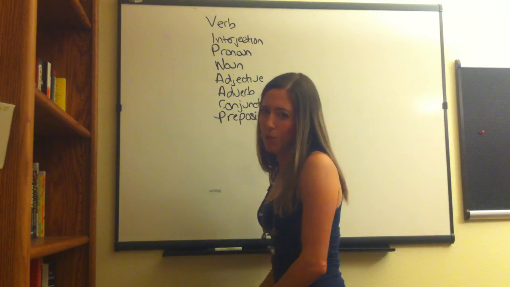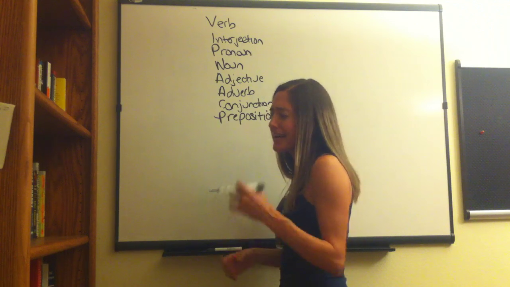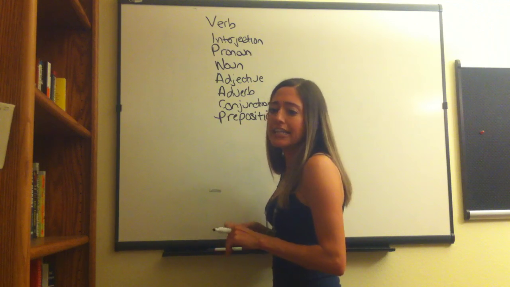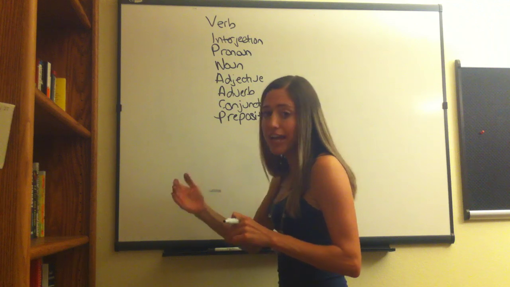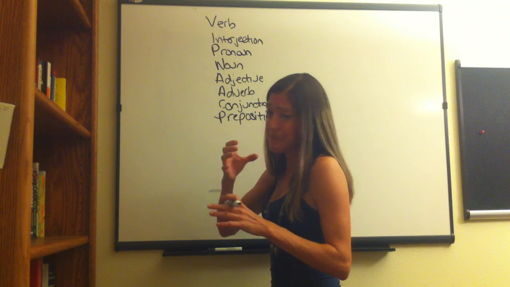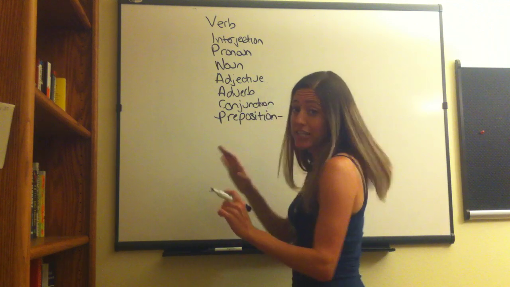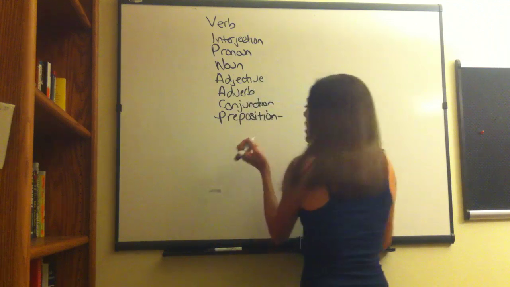We're not going to get into the complicated definition of preposition because it's very complicated. It's like a word that links an object to the rest of the sentence, like the previous statement that it makes. It's very confusing. I'm going to give you a very easy definition. And here it is. This is what you have to know in my class.